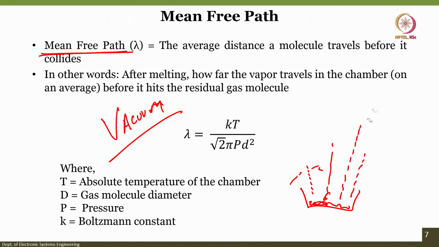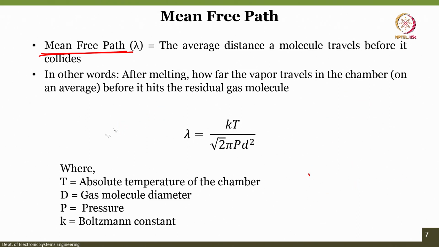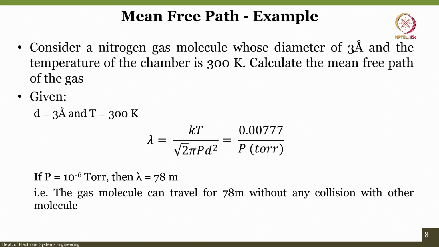So the mean free path lambda is the average distance a molecule travels before it collides with a residual gas molecule, and it is given by lambda equals kT divided by the square root of 2 pi P d squared, where T is the absolute temperature of the chamber, d is the gas molecule diameter, P is the pressure, and k is the Boltzmann constant.